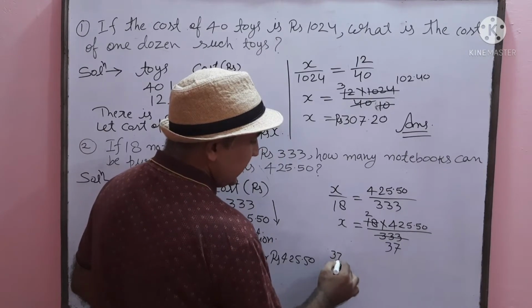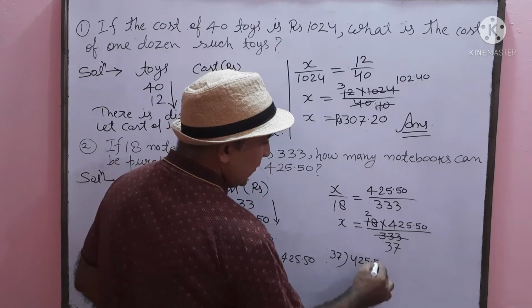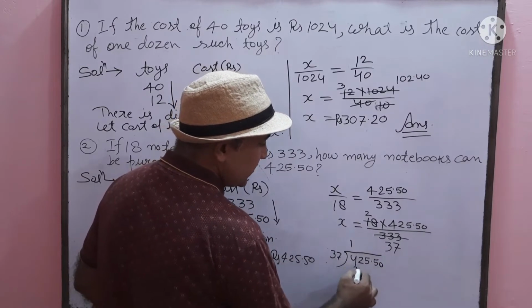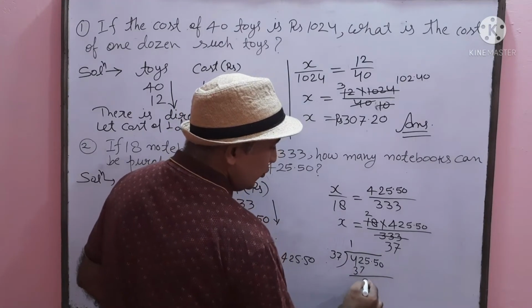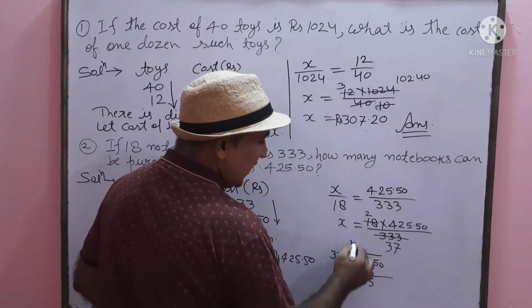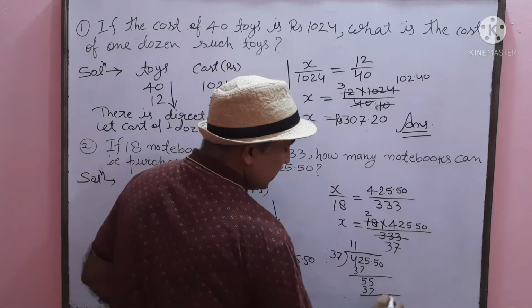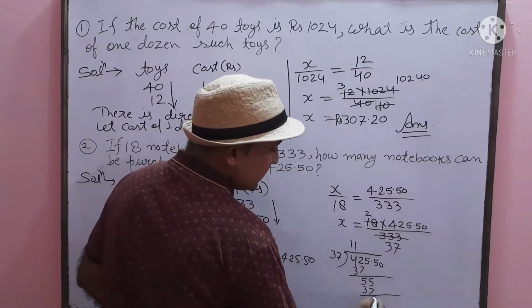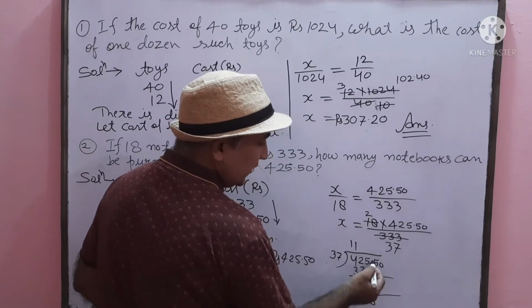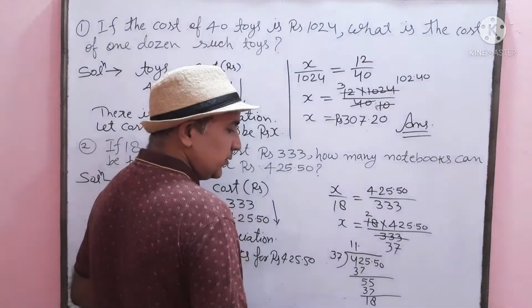425.50. See, I am dividing for you here. 37 is dividing 425.50. First take 1 time. 42 minus 37 is 5. 15 will come down. Again we will take 1 time. 37. 15 minus 7 is 8. 4 minus 3 is 1. Now there is a decimal.